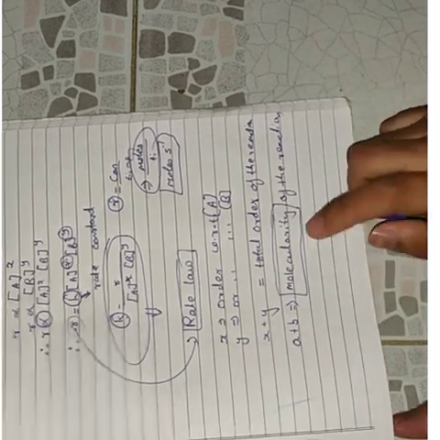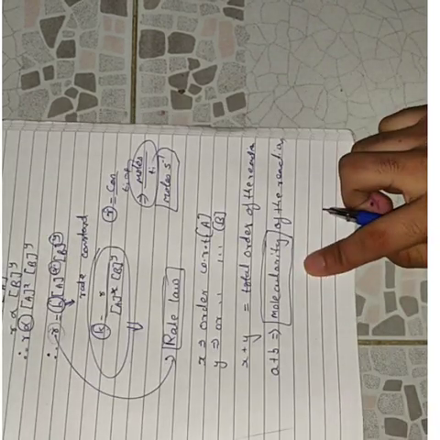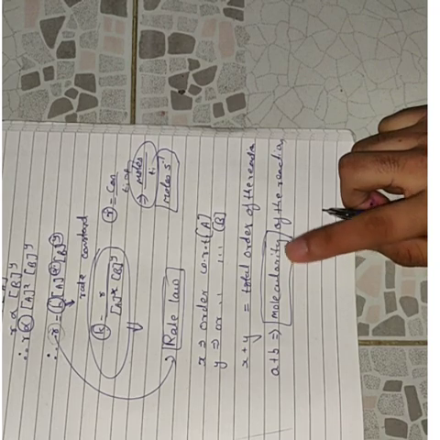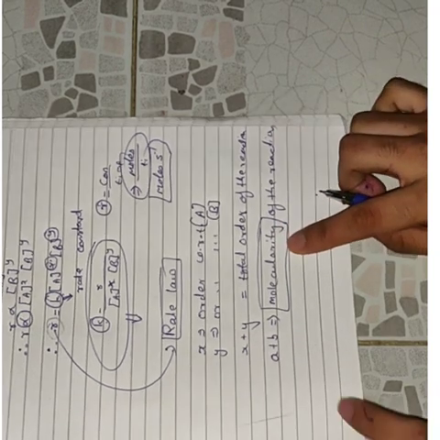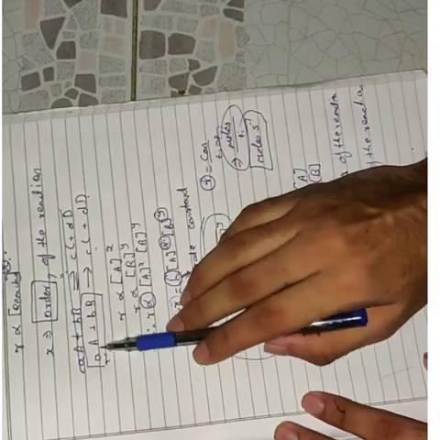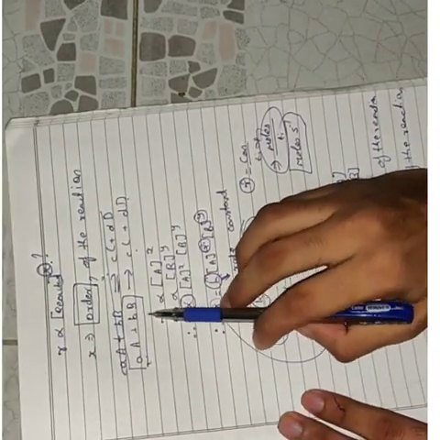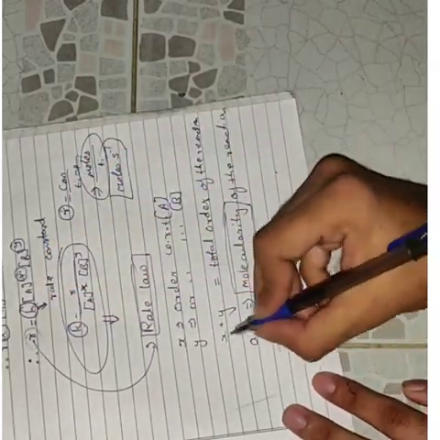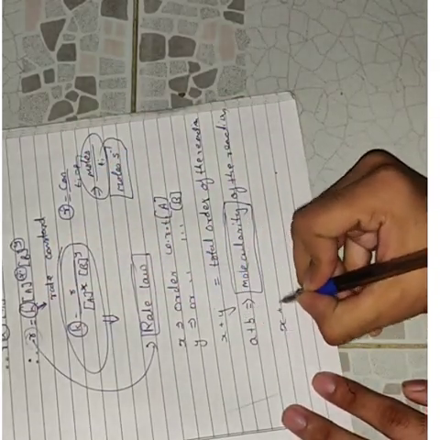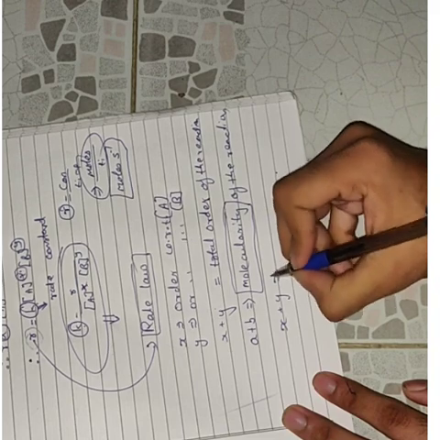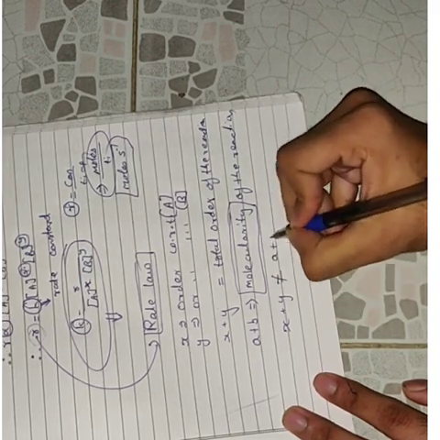Molecularity means the number of molecules of the reactant taking part in the reaction. Like for example, for this reaction, if there's 3A and 2B, the total molecularity will be 5. It is very important to note that x plus y may or may not be equal to a plus b.